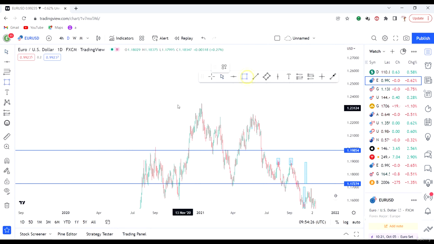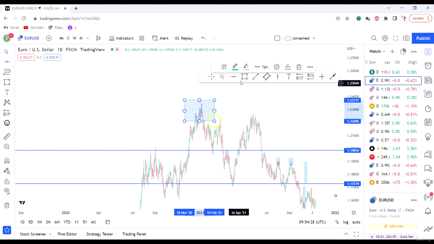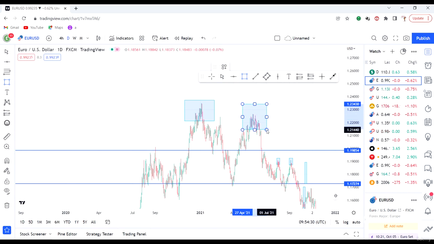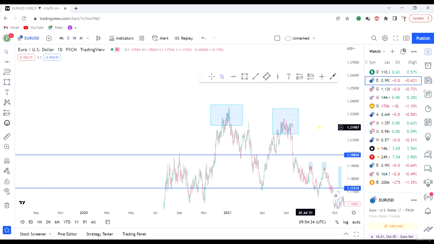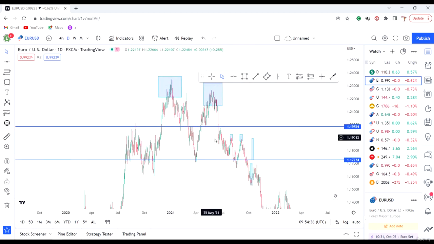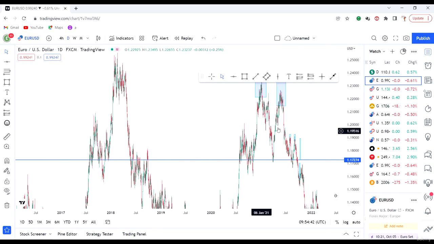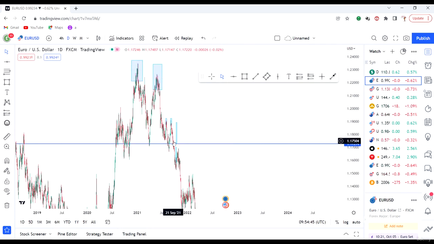The first top, the second top. It came and then broke the neck region. This is the neck region. Let me just delete this. It came here, broke the neck region, and then made it to the downside.